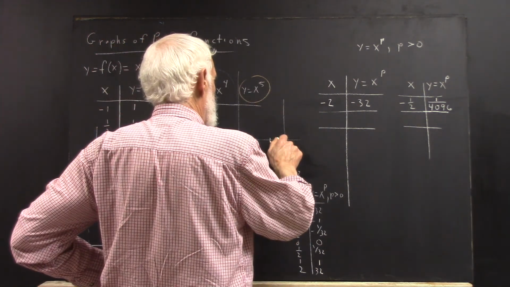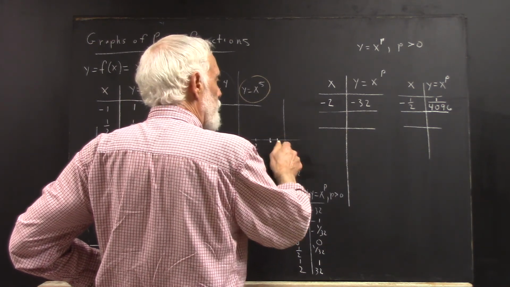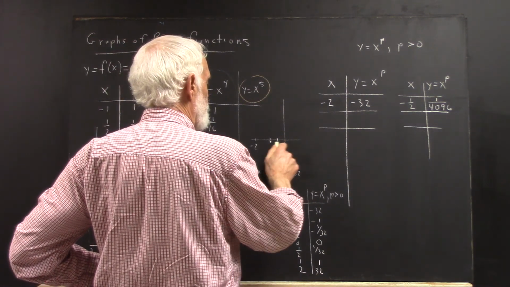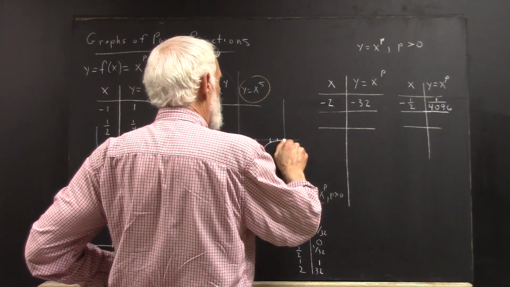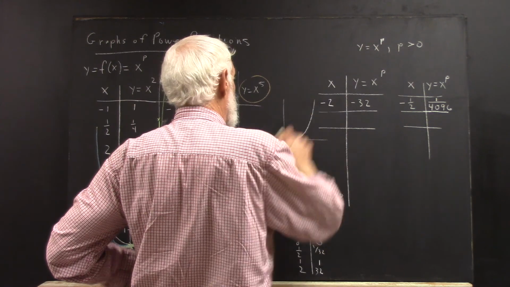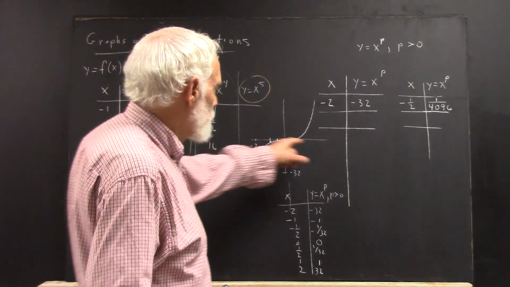And at negative 1/2, the value is going to be very close to 0. It's going to be negative 1 over 32. The value is going to be 0 here, so we can easily sketch that much of the graph. Then the other half of the graph is just going to be the same shape when flipped over. And the values will be what they are.